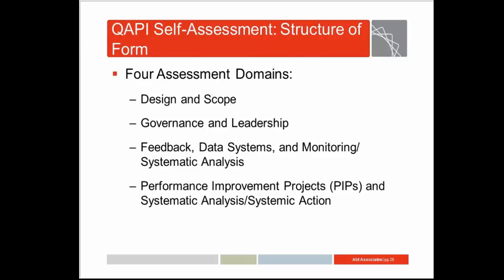The first 2, design and scope and governance and leadership, align with the first 2 QAPI domains. The 2 assessment domains combine 3 QAPI domains. Feedback, data systems, and monitoring also includes assessment items focusing on systematic analysis, and assessment items included in the final section focus on performance improvement and systematic analysis and systemic action.